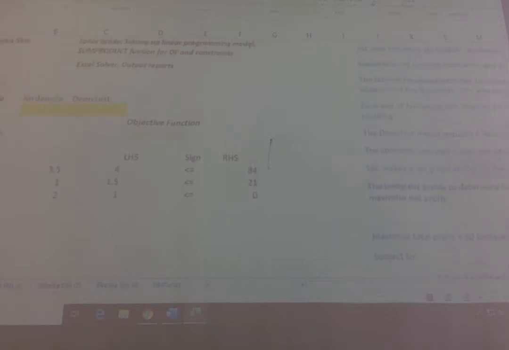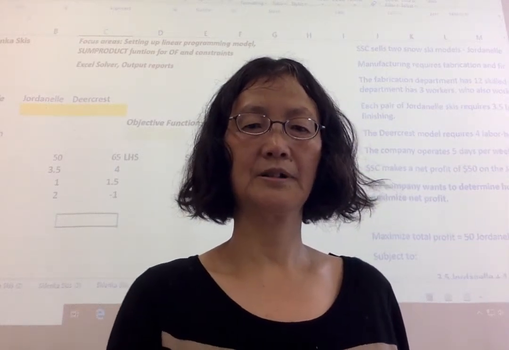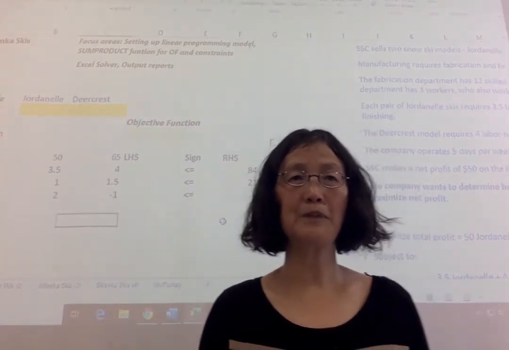So I am going to type in those two numbers maybe here, 50 and then 65. Any questions? We are just steps away from finding the optimal solution.